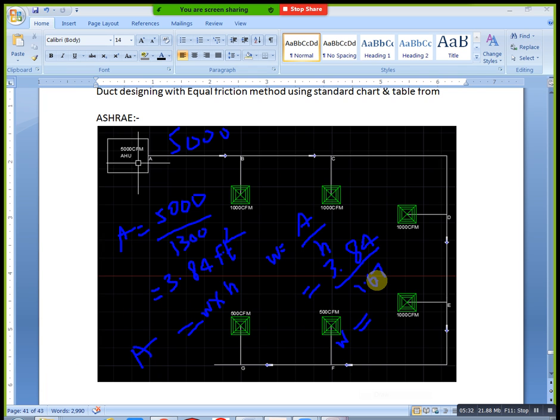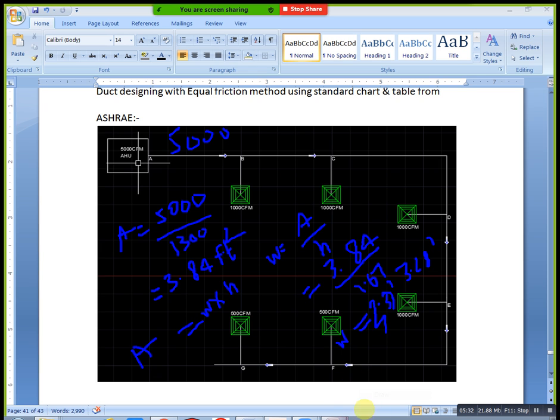Okay, that's not a problem. In calculation you will get that value. How much is the final result? 3.28 feet, or otherwise you can calculate, that's not also applicable. 3.28 feet means 3.28 feet.